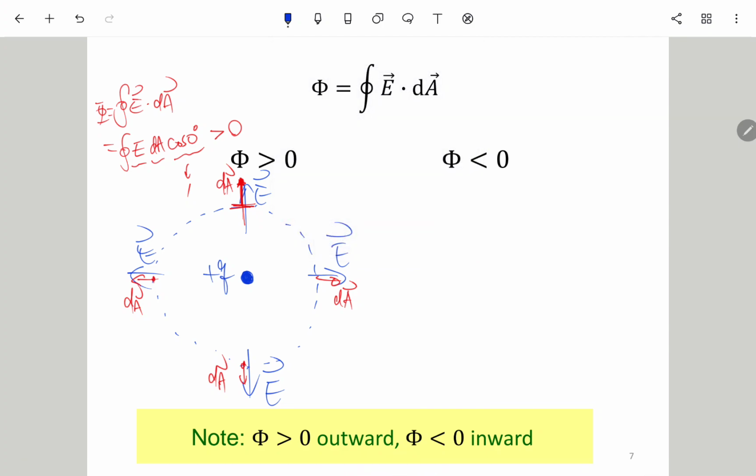And if we have a negative charge here, it will generate the E field pointing towards the charge. Okay, so similarly, we try to draw a circle as the Gaussian surface.